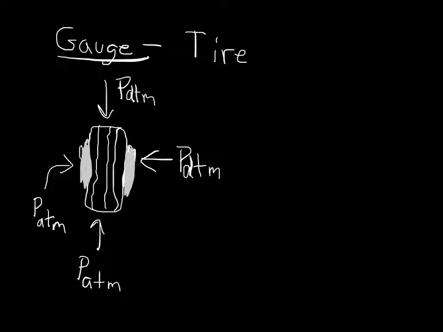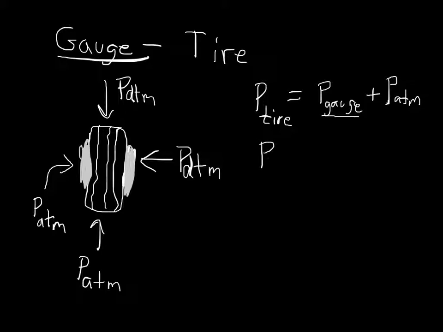Now, when you read your tire pressure, the pressure of your tire is actually equal to some gauge pressure plus some atmospheric pressure. So again, we have this gauge pressure.